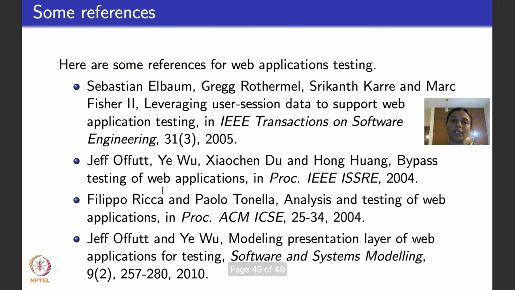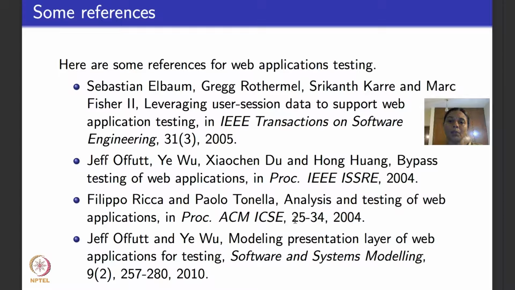Here are some publications that I pulled the material from. The first part, which I didn't do, which is testing on the client side and server side based on user session data, you can find in the paper by Elbaum, Rothermel, Karre and Fisher. It's an IEEE Transactions on Software Engineering paper, about 12 years old. The bypass testing of web applications on the client side appeared in the paper by Offutt, Wu, Du and Huang in ISSRE 2004.